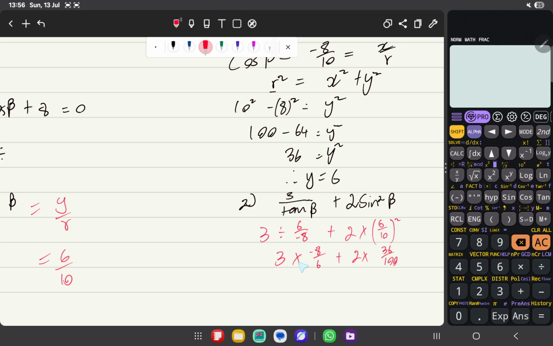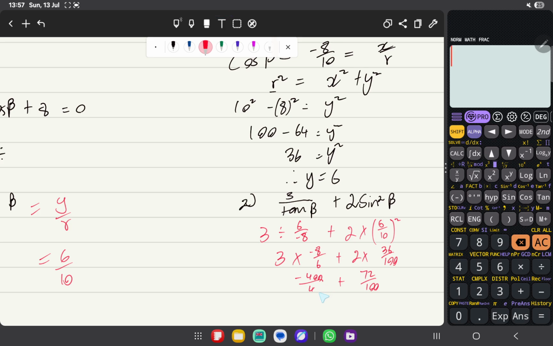Here then this is just pure mathematics. This 3 will be divided by itself, and then that 2 divides here, we have minus 4, plus I'll have 72 over 100, right? Yeah, I could turn this into 400, so minus 400 over 100.